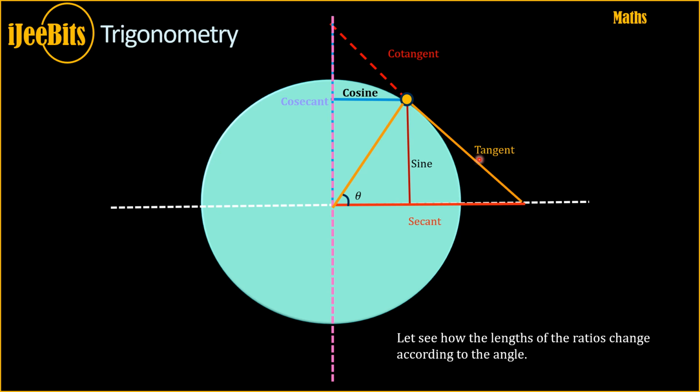So let's say here the tangent appears larger than the cot. Similarly, the sin theta value is a little larger than cos theta. So this noticeably demonstrates how these ratios vary with respect to an angle.